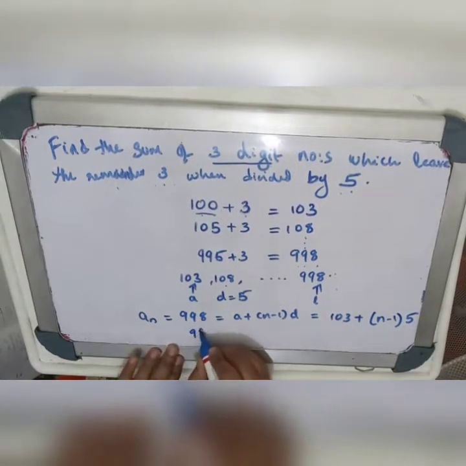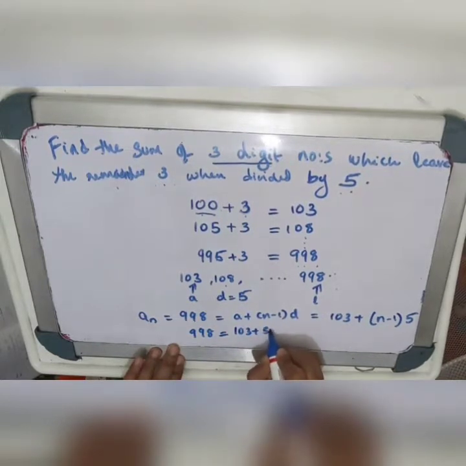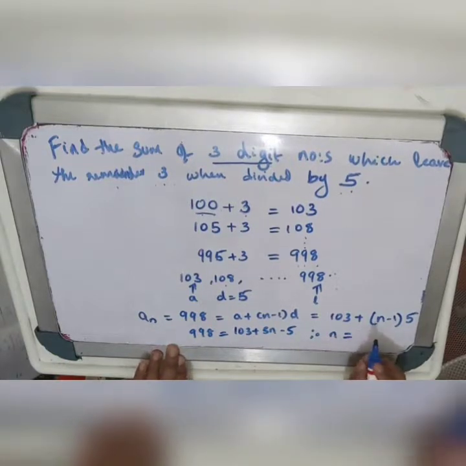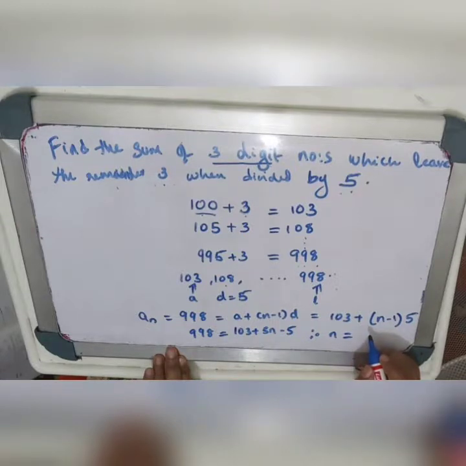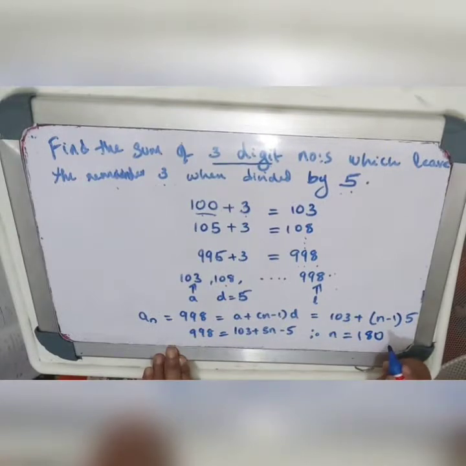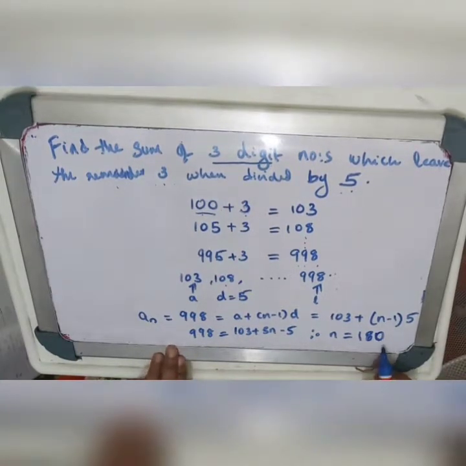So 998 is equal to 103 plus 5n minus 5. Therefore, n is obtained as 180. So therefore there are 180 terms which when divided by 5 leave a remainder 3.